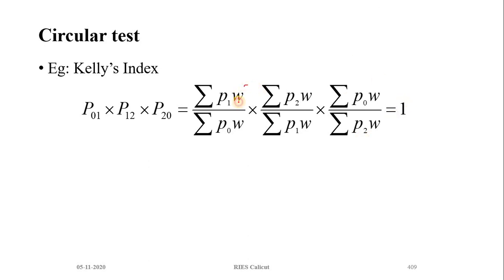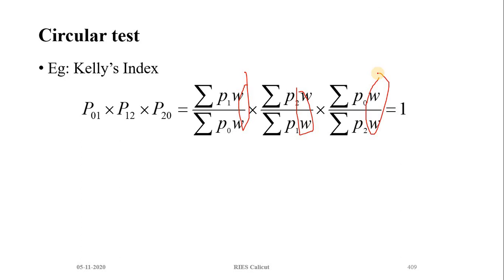Look at this, W, W, W. Since this W is constant, if you multiply all these P1, P2, P0 divided by P0, P1, P2, the numerator is exactly balanced by the denominator, so you get a value of 1. And that's why we say that Kelly's index number satisfies the circular test. Yes, we will give you problems to solve later.